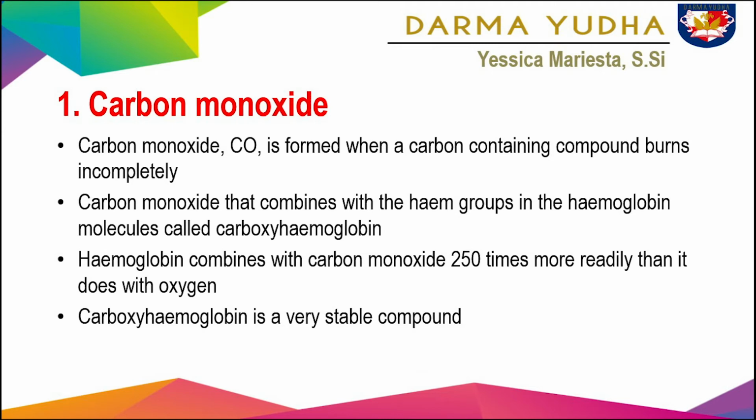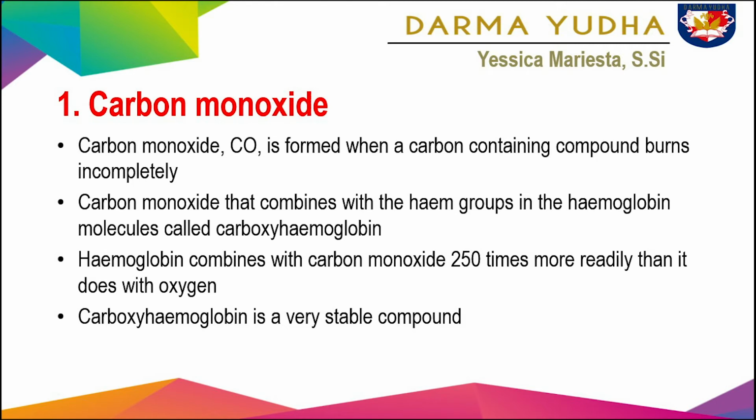Carbon monoxide is formed when a carbon-containing compound burns incompletely. Exhaust fumes from cars contain significant amounts of carbon monoxide, as does cigarette smoke. When such fumes are inhaled, the carbon monoxide readily diffuses across the walls of the alveoli into the blood and into the red blood cells.